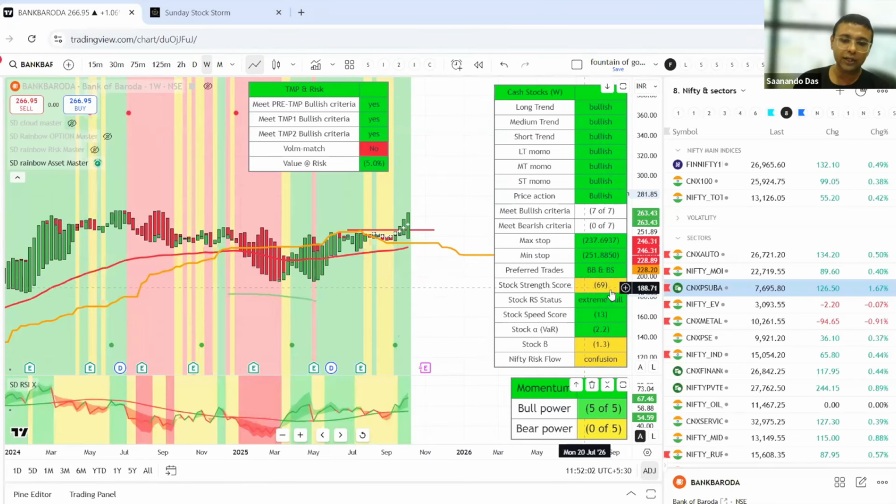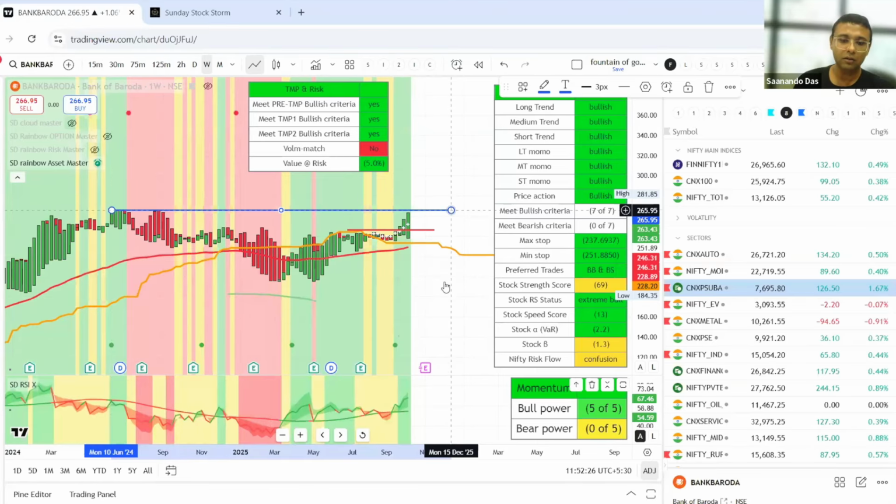Unless I get the strength score above 70, I will not expect the stocks to fly around. It means it is not going to give very fast profit and super fast move. That's why I have not yet gone in big quantity. I'm waiting it out. As well as you can check out this level.